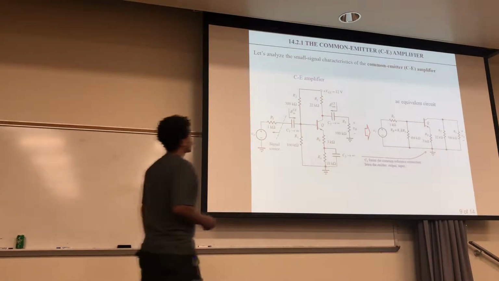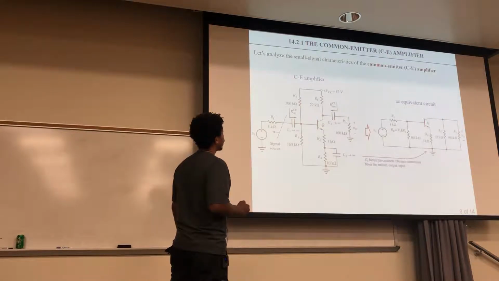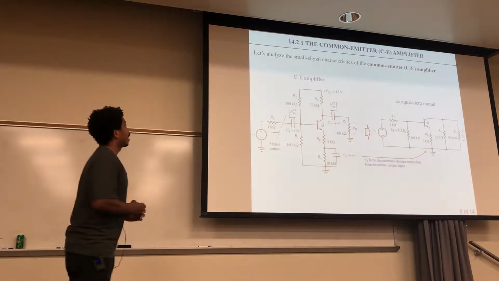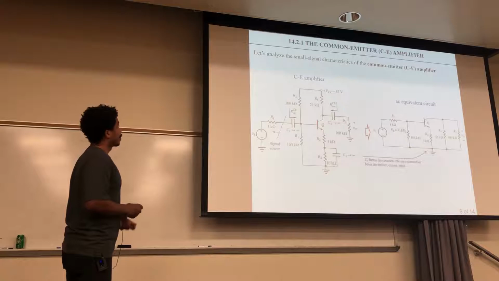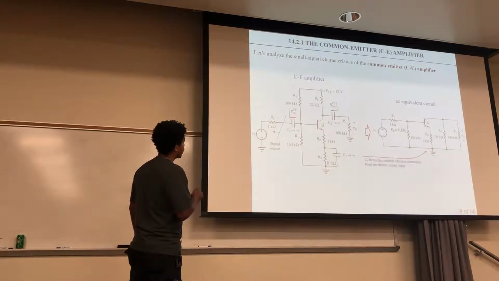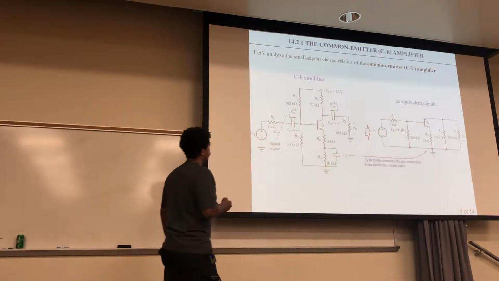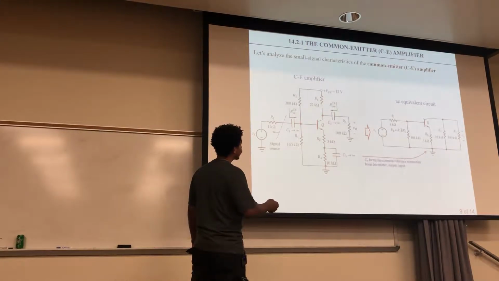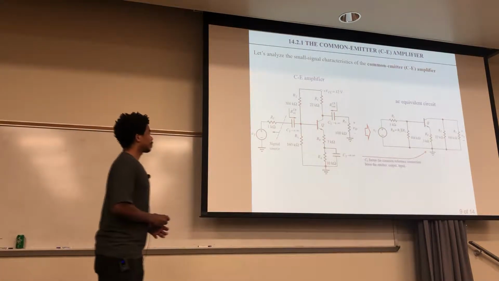Okay, so let's look at the common emitter amplifier. And so this is what we have for the common emitter amplifier, and this part right here is seen as Rn at this amplifier right there. And so to go from here to here, we use the AC equivalent.